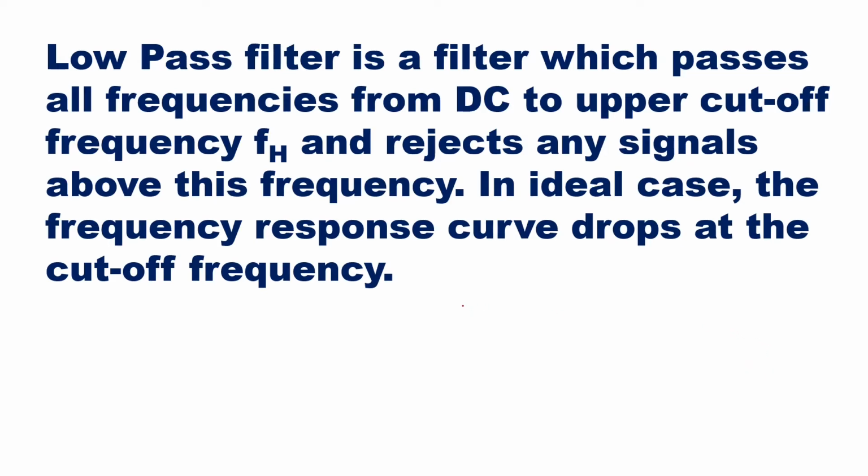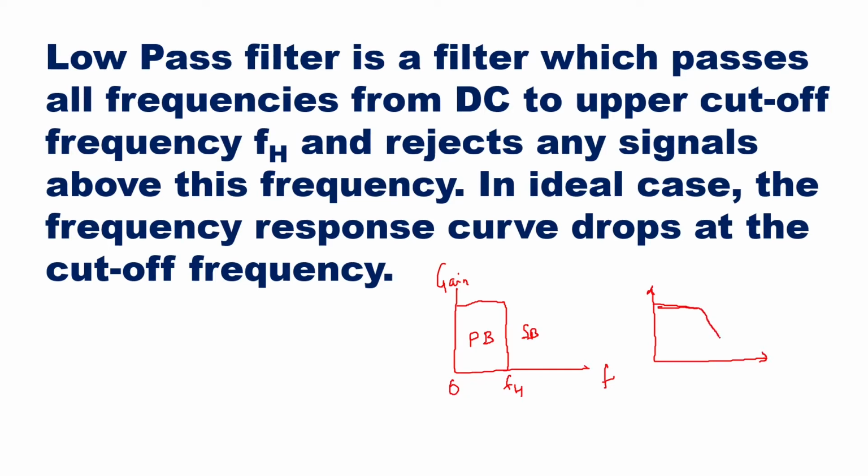Ideally, if you see the pass band and stop band, this is your gain and this is your frequency, then this will be the pass band, this will be the stop band, and this will be your cutoff frequency from 0. But practically we see that there is a slope here.